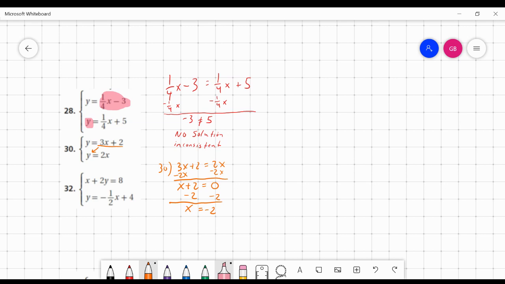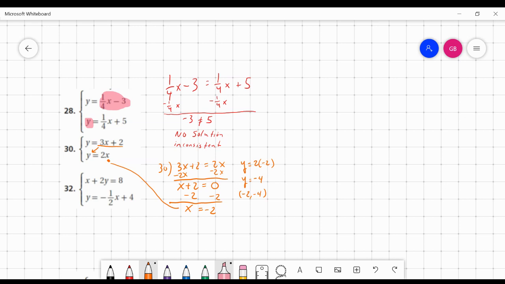Now that I know what x is, I could plug this number in here and solve for y. So y is 2 times negative 2. So y is negative 4. So I have a solution. My solution is negative 2, negative 4.